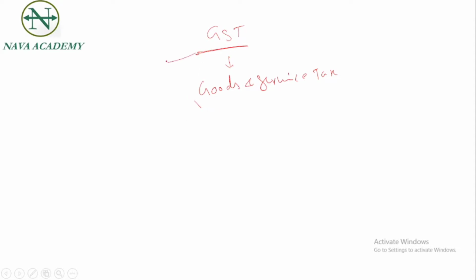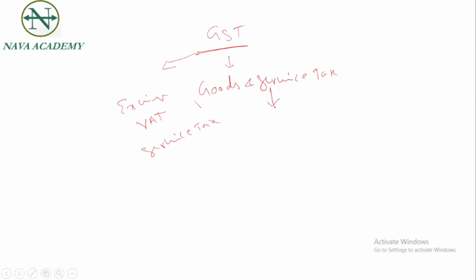Before introducing the GST, the government of India followed different types of taxes, that is excise, VAT, service tax. After introducing GST, a single tax is applied on all goods and services and replaced multiple taxes with the GST tax.